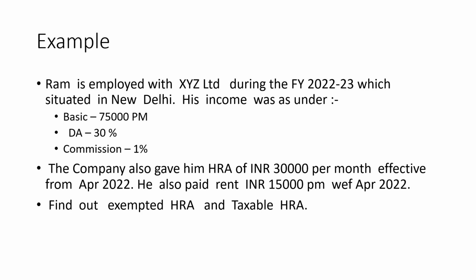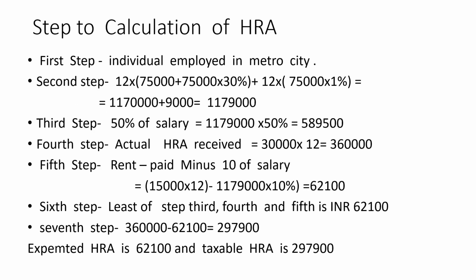He also paid rent of Indian rupees 15,000 per month from April 2022. Now we have to find out the exempted HRA and taxable HRA. So according to this example and our steps, I have made a solution for this.